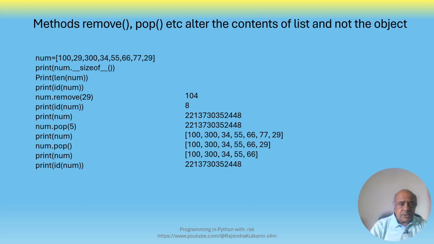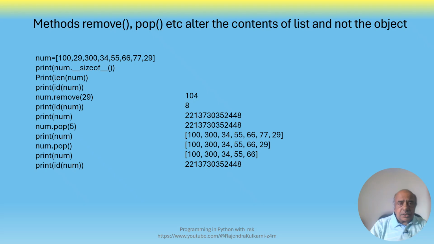What we can see here is the ID of the list after all the operations, dot remove, dot pop, dot pop 5, etc. The object remains the same, only the contents are removed.